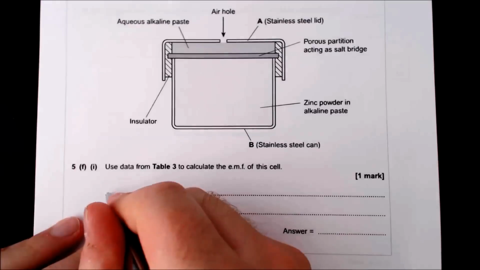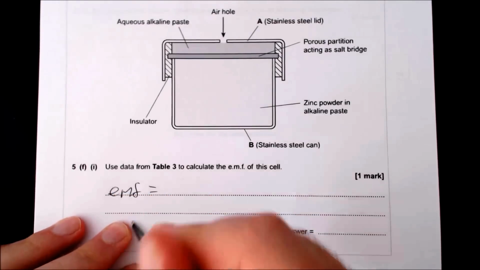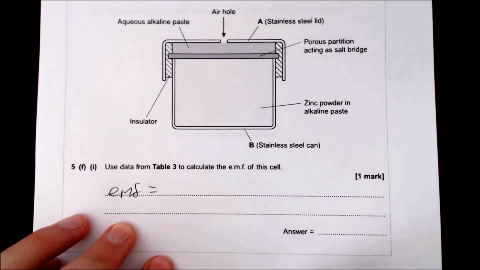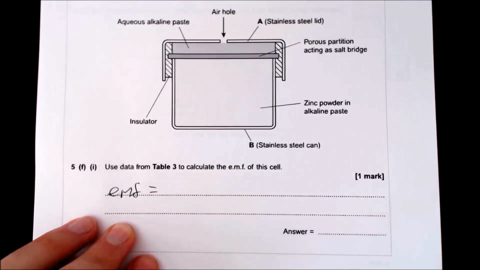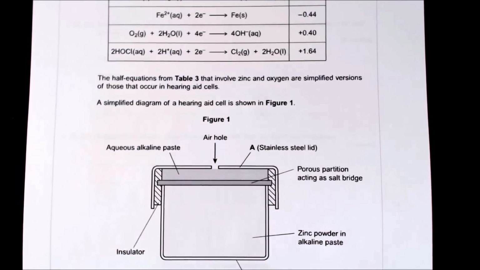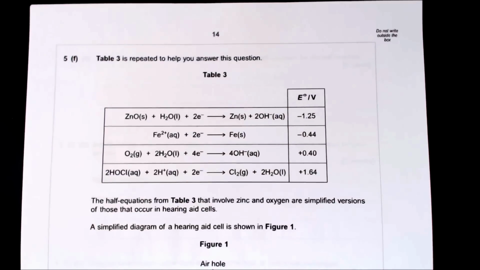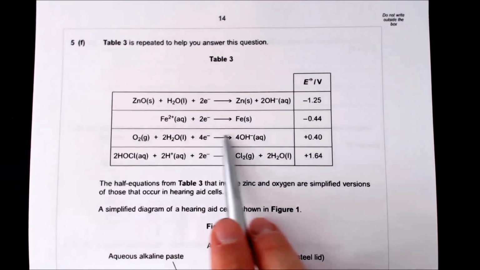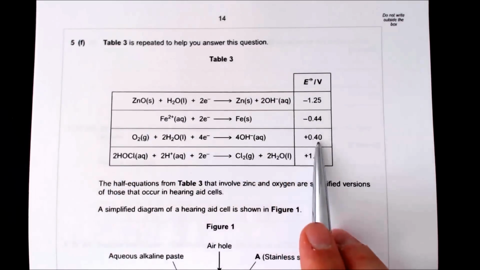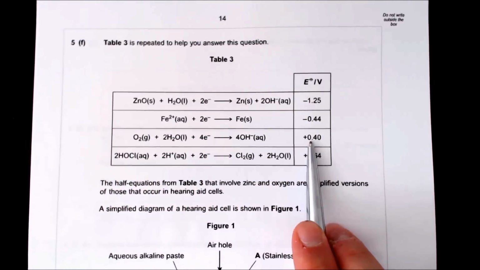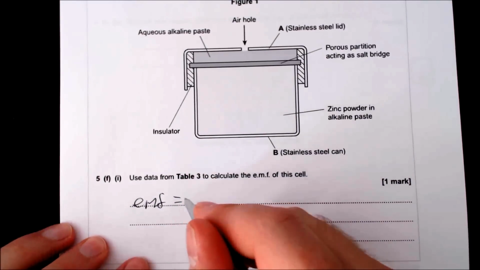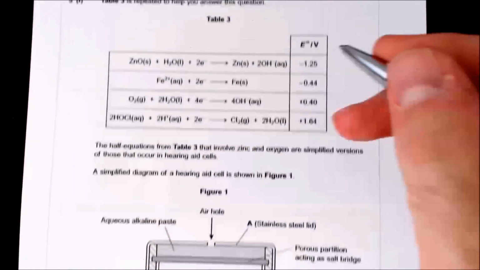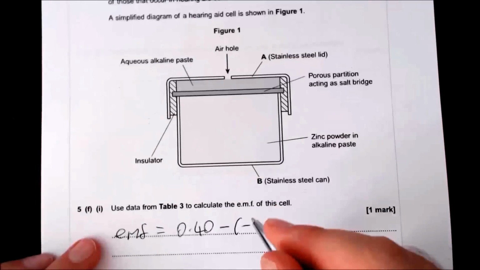So the EMF is basically we need to take the most positive and subtract from it the most negative. So you can see here that we've got a zinc and oxygen cell. There's your oxygen, and there's your zinc, and the most positive is this one here, so we're going to put 0.40 first, and we're going to subtract from it minus 1.25.